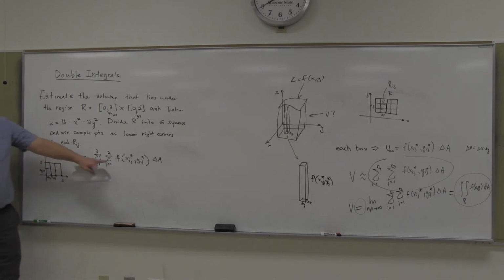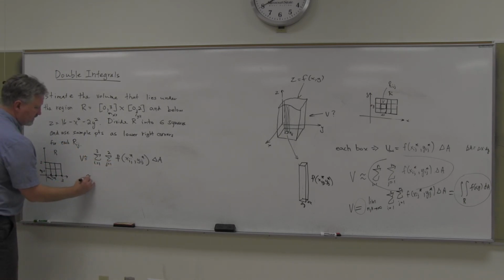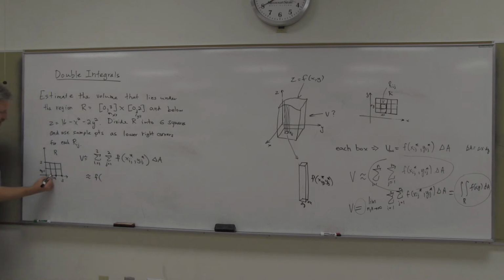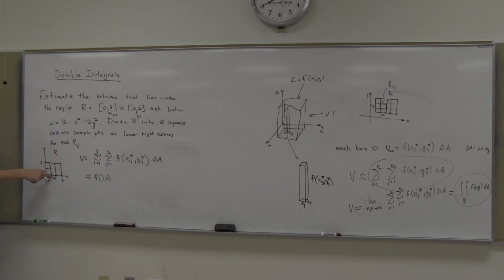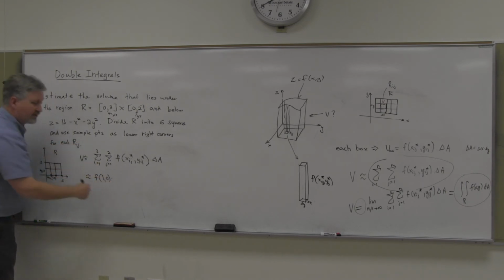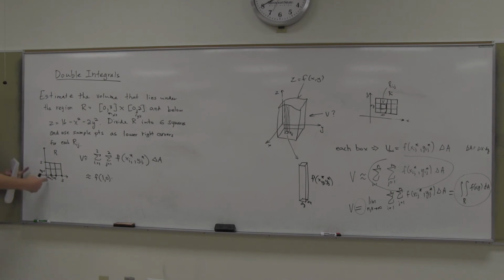And so the function value I would take for it would be f, so this volume is approximately f of 1, 0, the first sample point that I'm going to use. Everybody with me? The lower right corner, so I'm going to use that point. f of 1, 0 times delta A. Well, the good news here is delta x is 1, delta y is 1, so delta A is also 1, because delta A is just delta x times delta y.